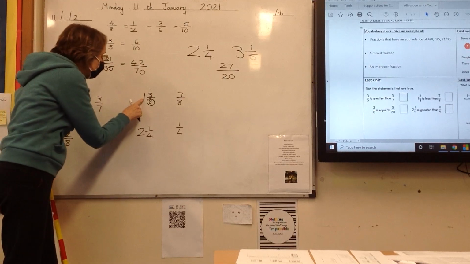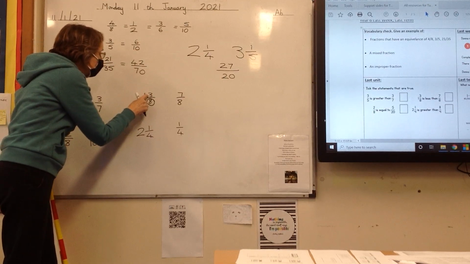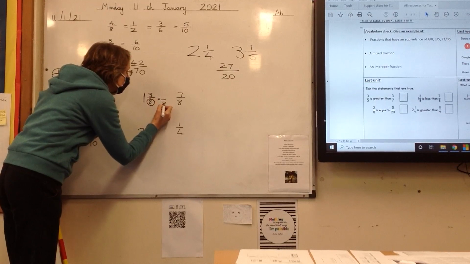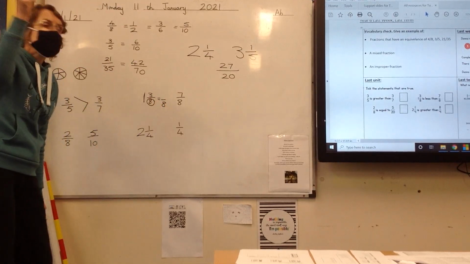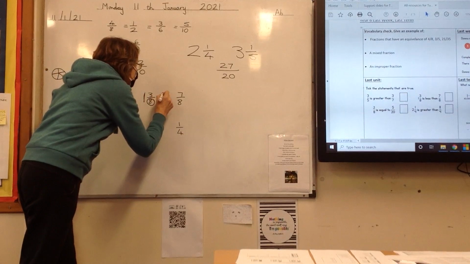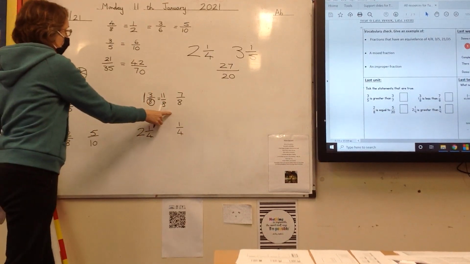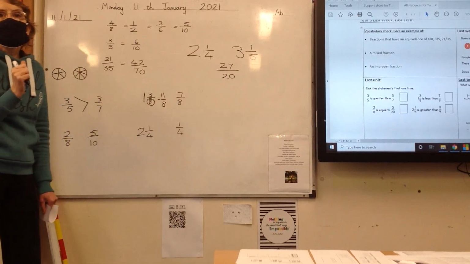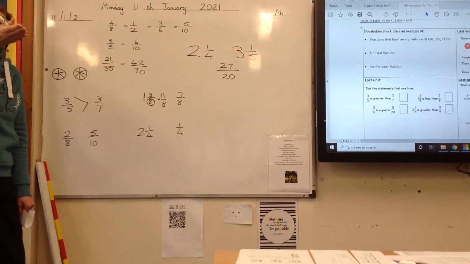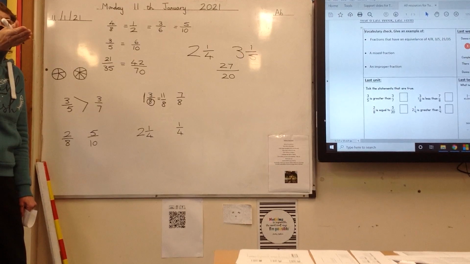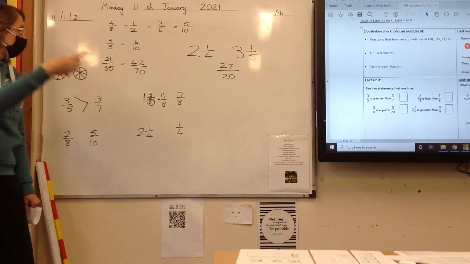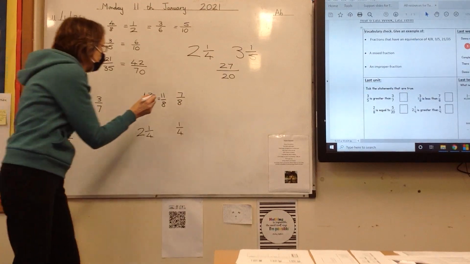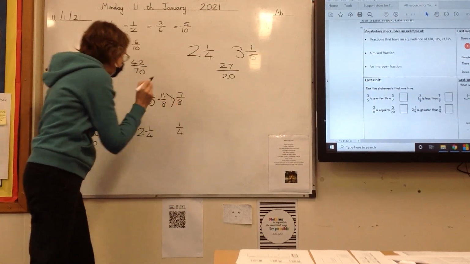So we've got 8 pieces there and 3 pieces there, which all together makes what? 11/8. Now we know we've got 11/8 there and 7/8 there, which one is the largest? 11/8. 11/8 is going to be the largest, isn't it?